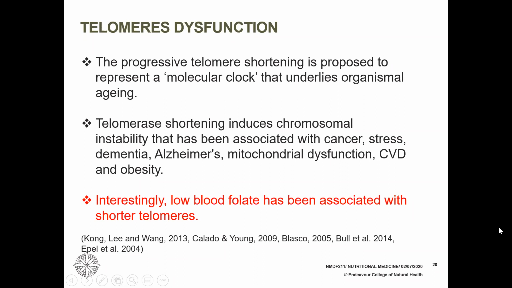So they looked at various nutrients, and what has stood the test of research is that low folate level is associated with shorter telomeres. And we'll know why, because folate is not only used for formation of DNA, it is also used for epigenetic modifications. So that's an interesting fact that has stood the test of research.